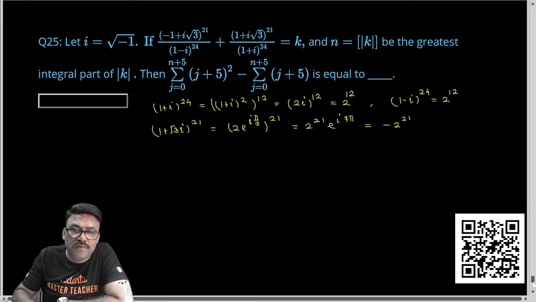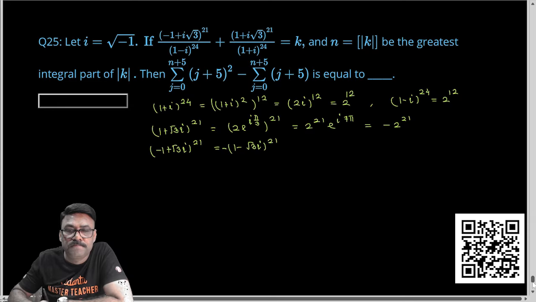Similarly, take minus 1 plus root 3 iota raised to 20. So it is 1 minus root 3 iota raised to 20 with minus sign, minus taken outside. So this is minus 2 e raised to minus iota pi by 3, whole raised to 20.